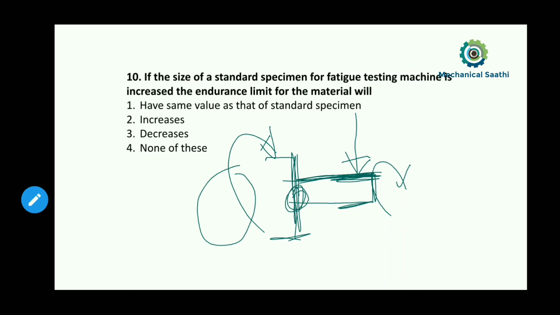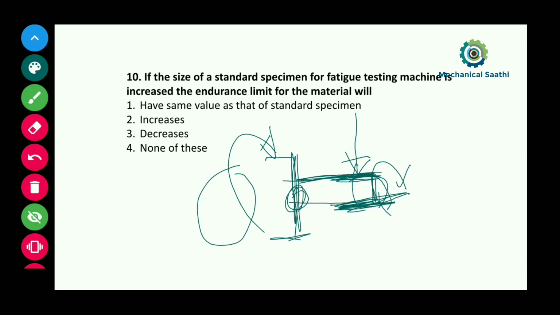Then during revolution or rotation, this will go down and this lower part will come up. At that time the load is being applied in this part also. So the application of load is changing, and this type of condition is known as a cyclic load.